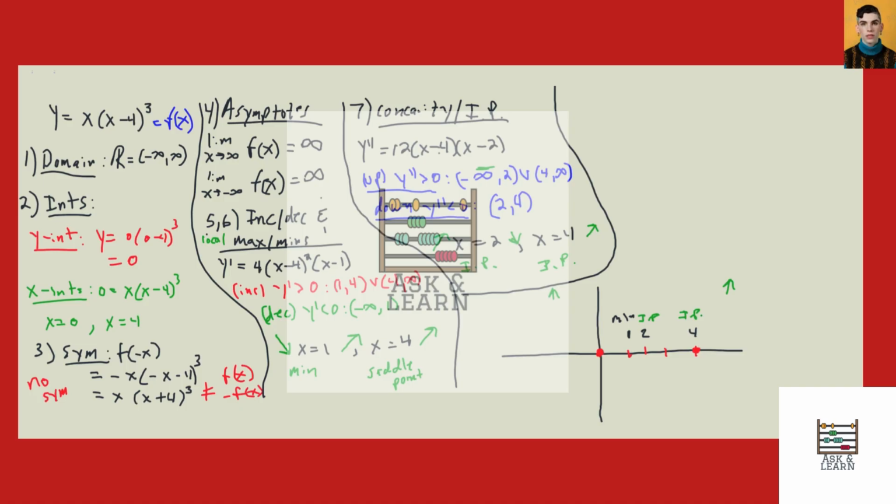So we're going to start from infinity, and we're going to go down until we hit our first critical point, which is going to be (0, 0). And then at this point, our next important point is our minimum at x equal to 1, so we know it's going to curve up something like this. And at x equal to 2, we're going to have a change in concavity, so it starts to go from concave up to concave down.